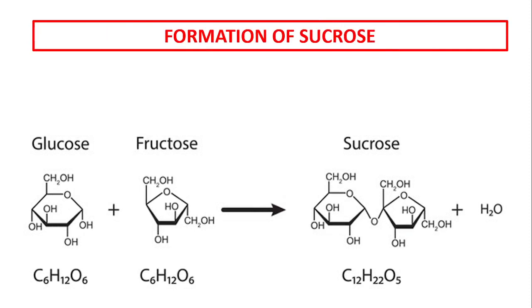Okay, now this is how the formation of sucrose is. If you look at the formation of sucrose, you have glucose here, and you also have fructose there. So glucose will react with an H which is there.